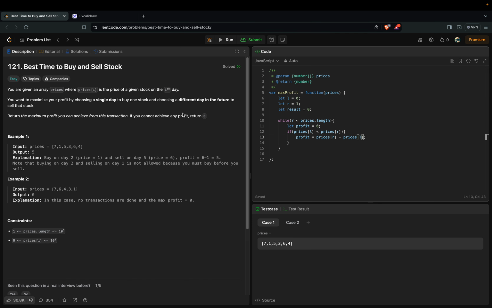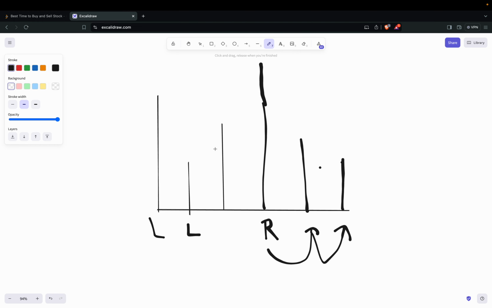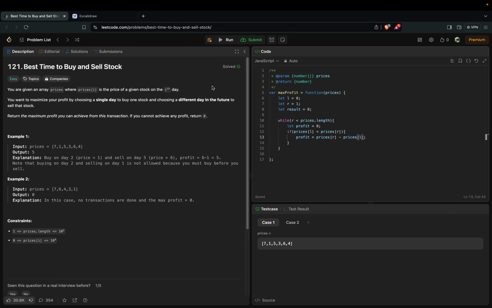Why? Because we are calculating for the next day, so we don't want the negative values. Right minus left gives us the positive profit, and then in that case we are incrementing our right.